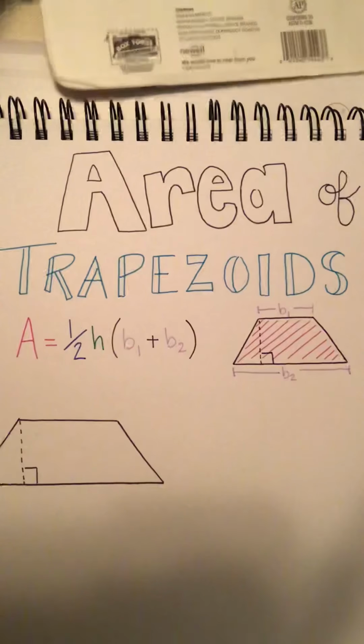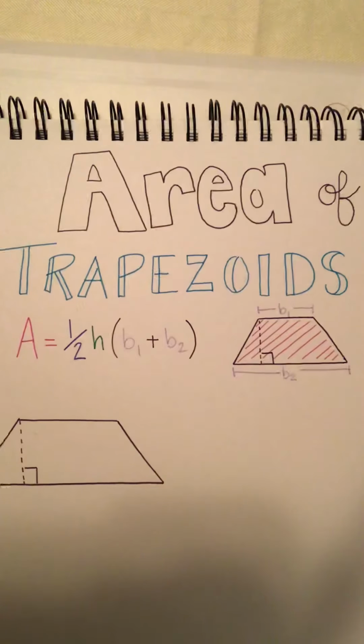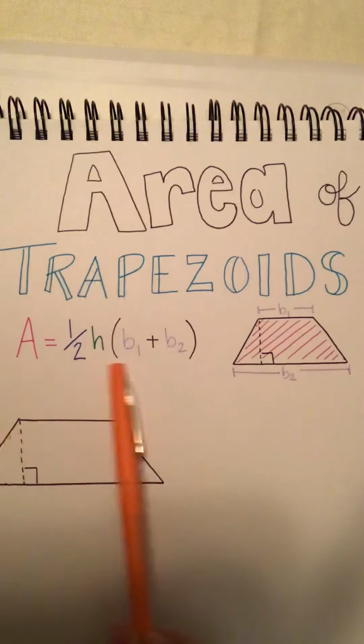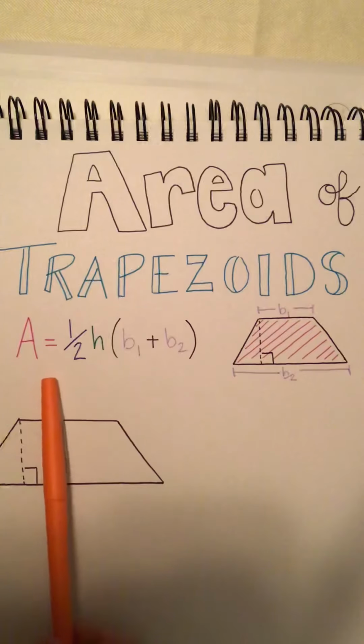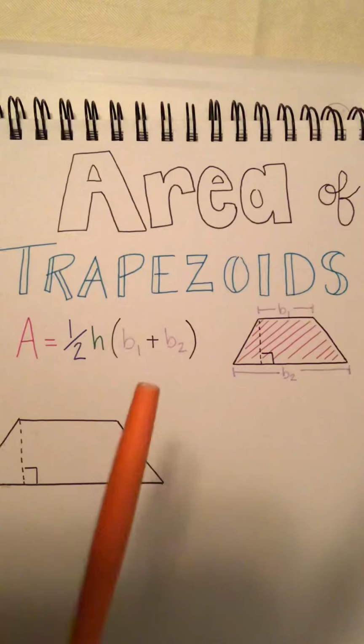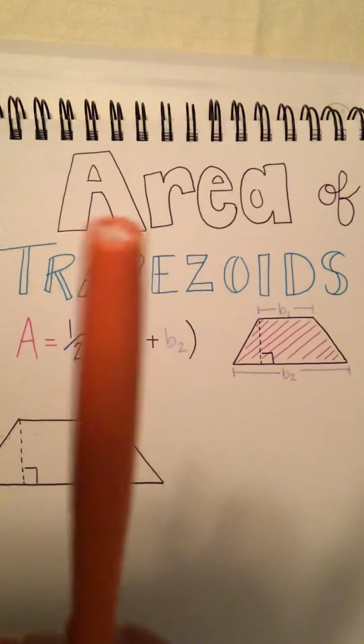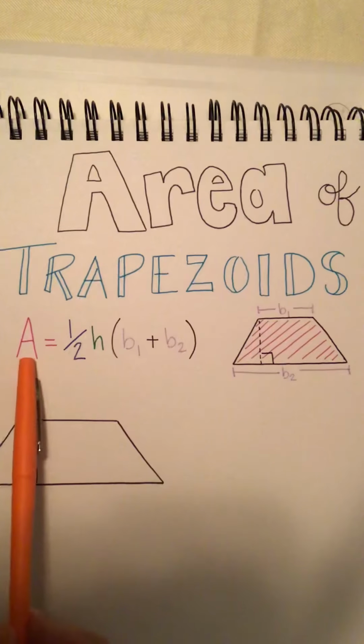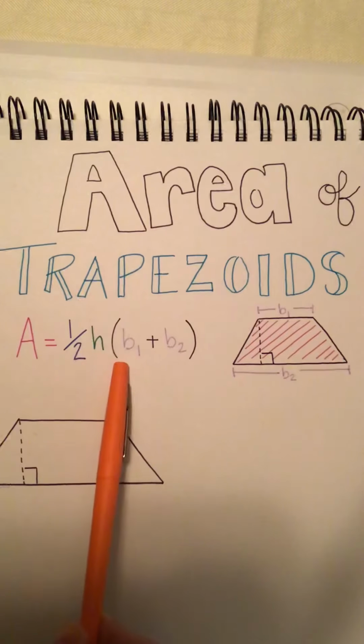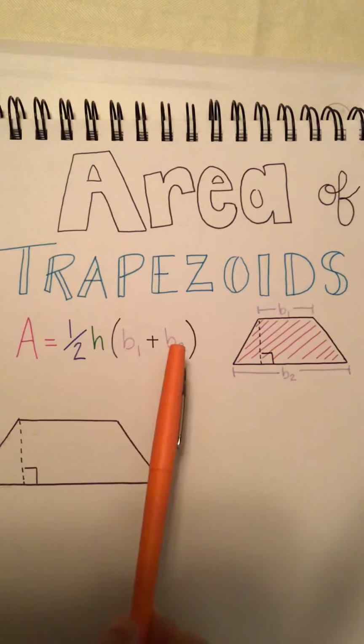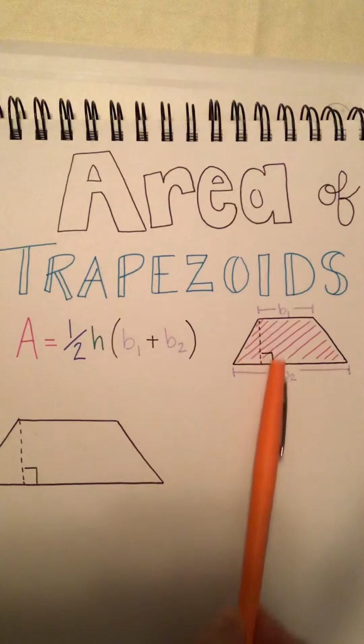Okay, so first off, we need to understand the function for finding the area of a trapezoid. If you have not watched the video, I highly encourage you to watch it. We know that the area of a trapezoid is 1/2 times base 1 plus base 2. We've identified the specific parts.